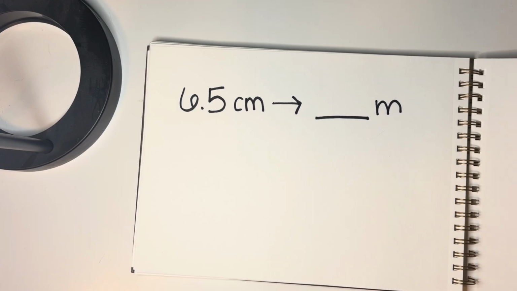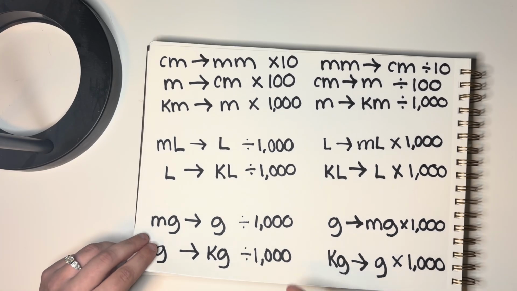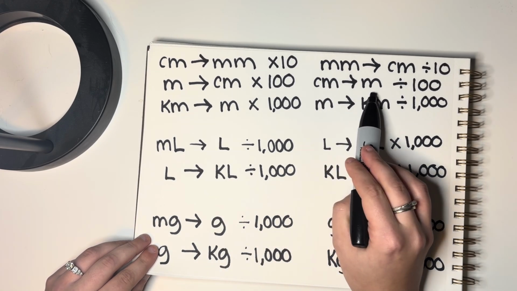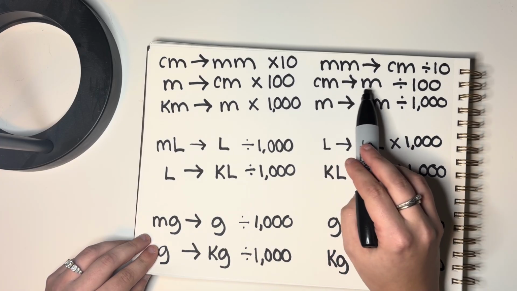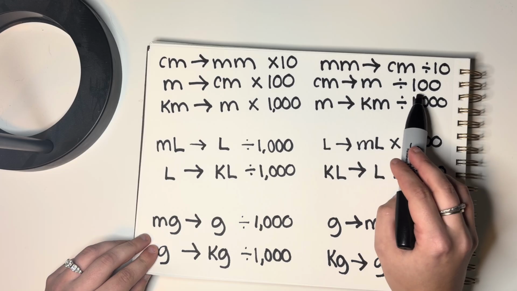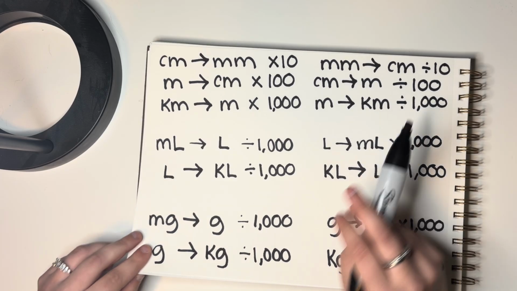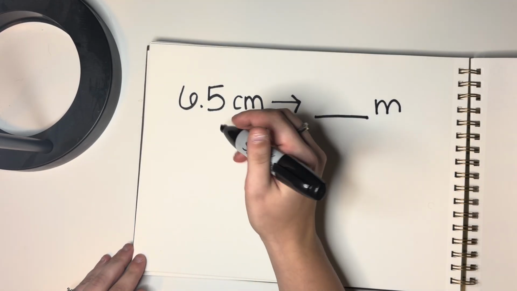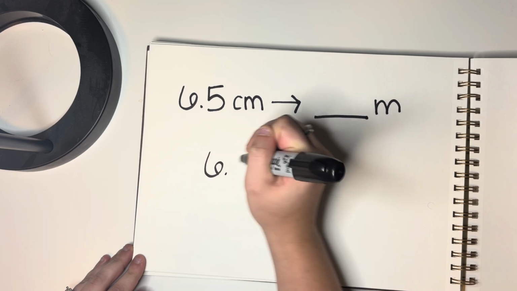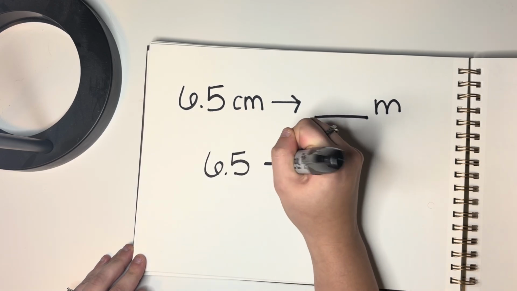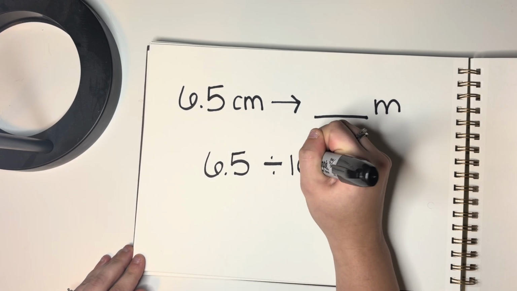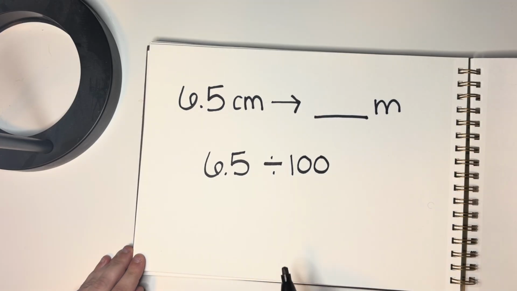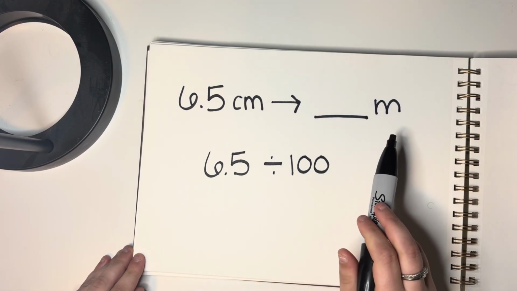So I would go to my conversion chart and I would find centimeters to meters. And I see that centimeters to meters tells me to divide my value by 100. So that means that I am taking my value of 6 5/10 of a centimeter and dividing it by 100. And that's how I would convert centimeters to meters.